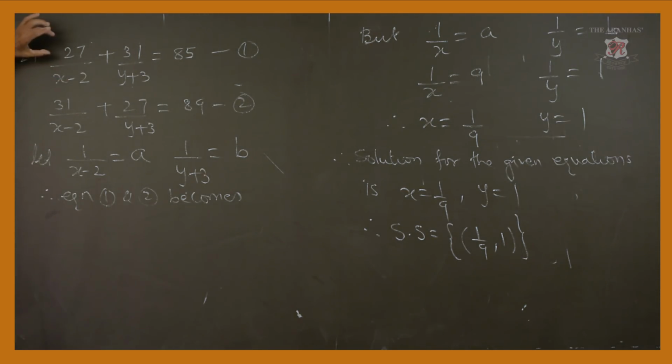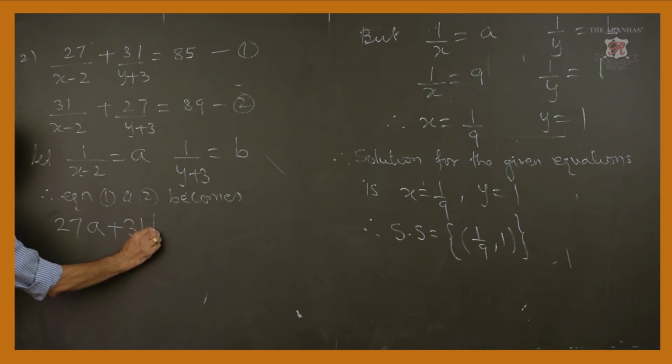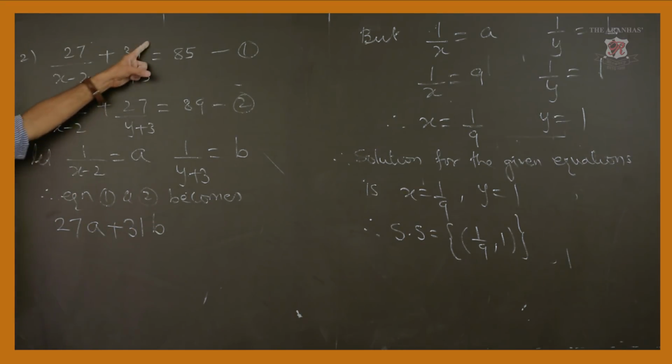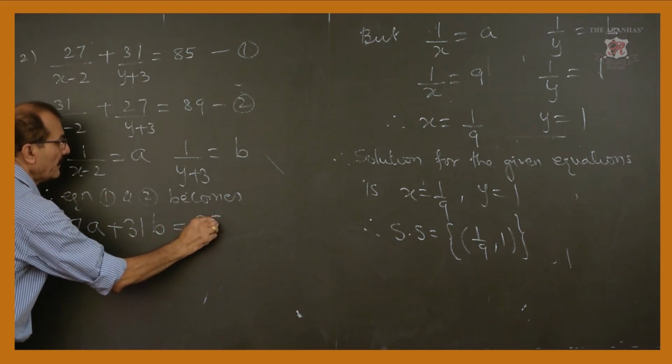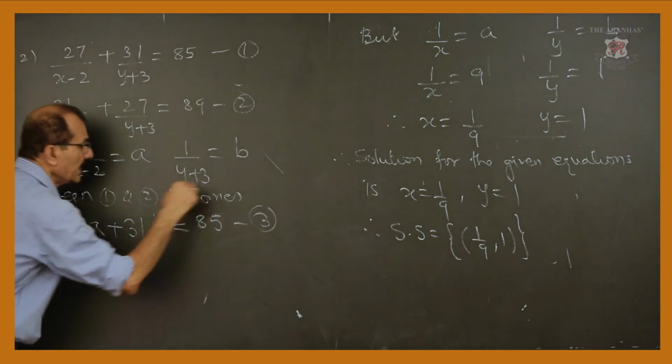I told you 27 will remain as it is and 1 upon x minus 2 becomes A. So you get 27A plus, same way, 31B. Why? 1 upon y plus 3 is B. So 31B is equal to 85. Equation number 3.